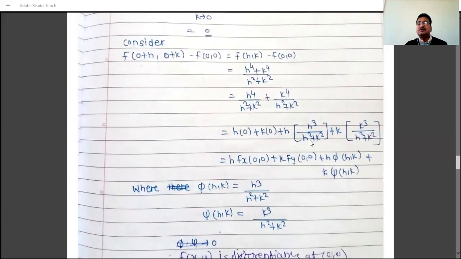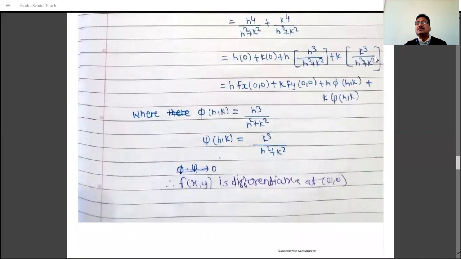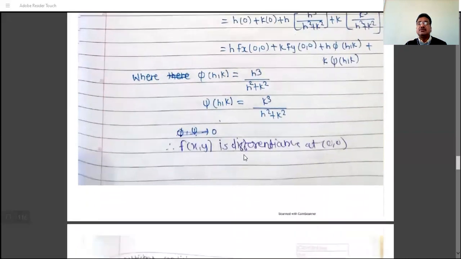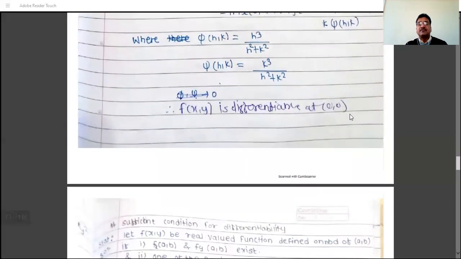If we substitute directly h equal to 0, then 0 cube is 0 by 0 square plus k square, so we have 0 by k square, which means 0. Therefore it is equal to 0. Similarly, limit of psi(h,k) as (h,k) tends to (0,0) is 0. So phi and psi tend to 0 as (h,k) tends to (0,0), and therefore we say that f is differentiable at (0,0).